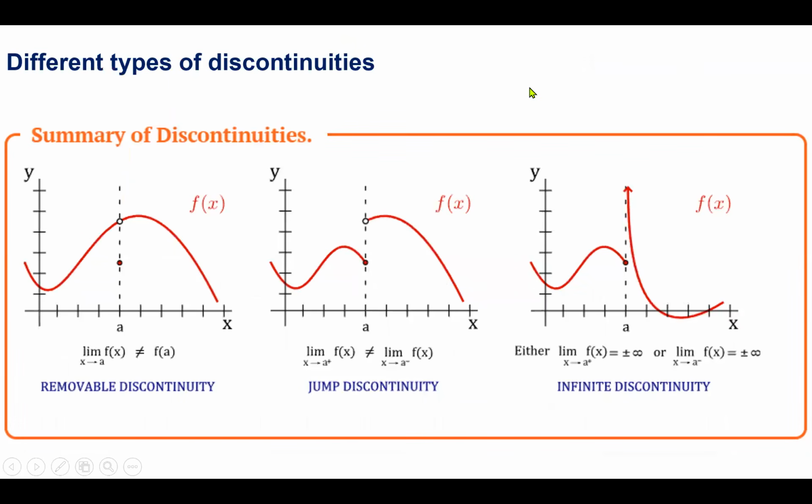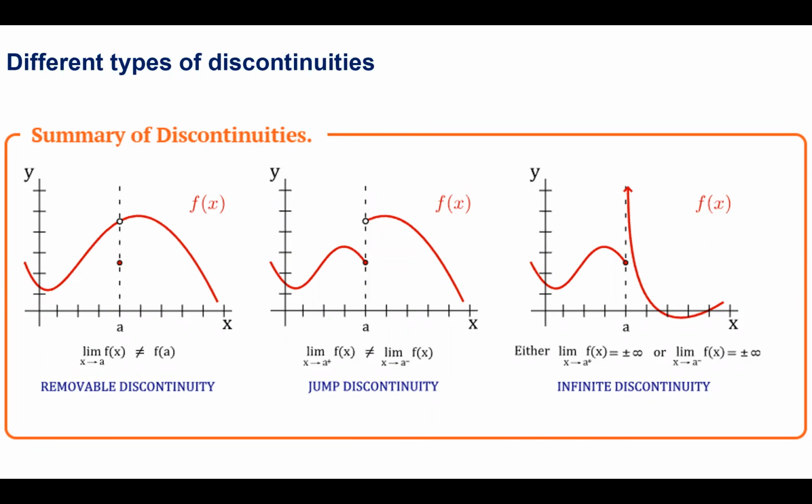So these are the 3 types of discontinuities of a function at a given point. In the first case, in the first graph, if the limit of f(x) does not equal f(a), then this is called a removable discontinuity, which is illustrated in this graph. Why is it called removable? Because you can simply remove the discontinuity by letting f(a) equal that limit.